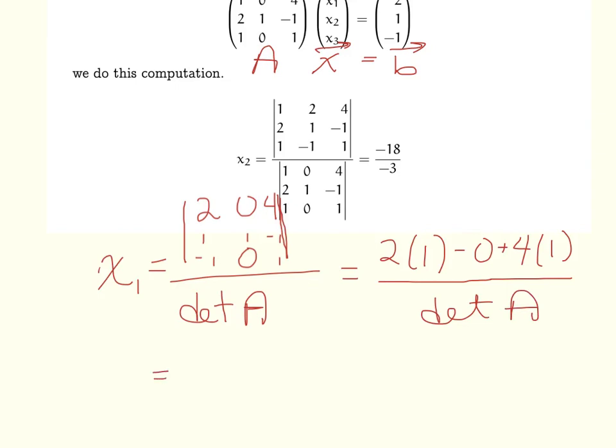So that's going to be 2 plus 4, that's 6, divided by the determinant of A, which you will have already found if you've done this one, and you're done.